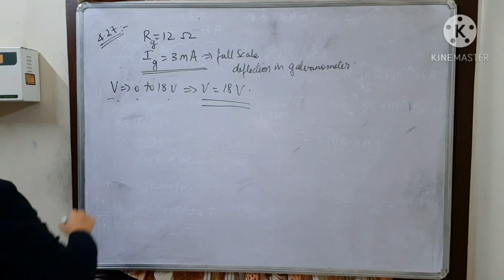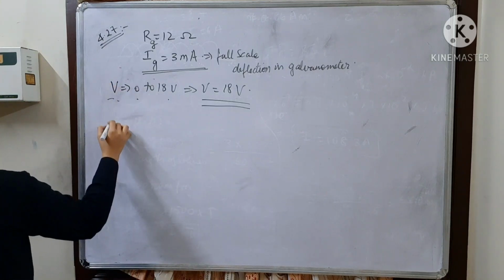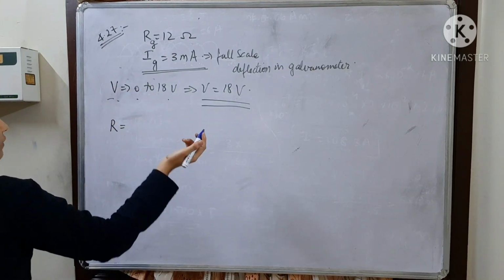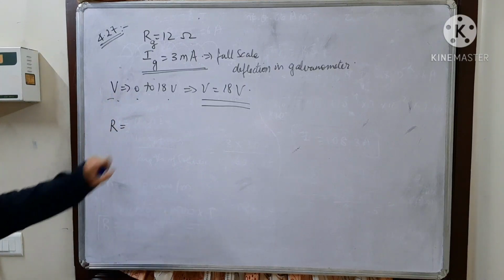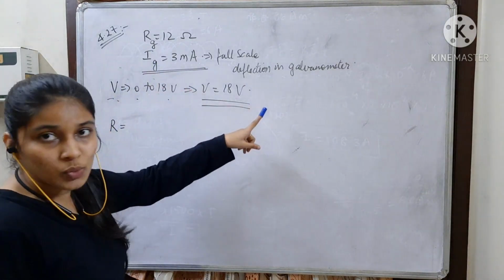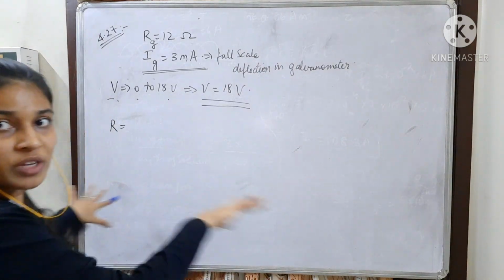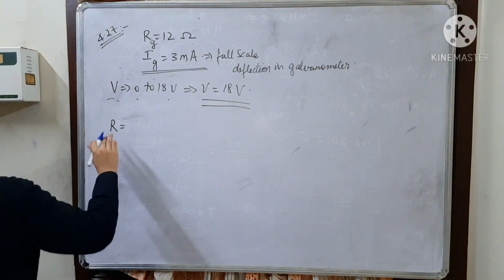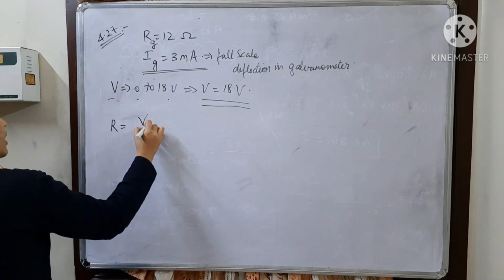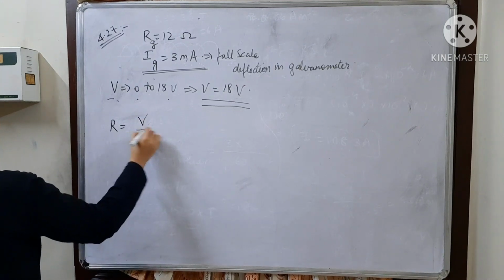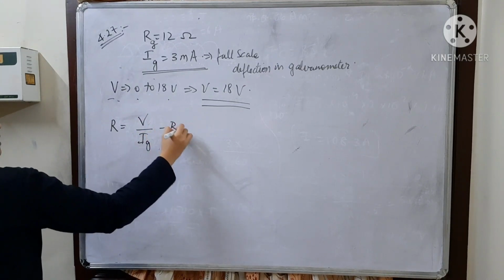So we have to find out the resistance that will convert this galvanometer into voltmeter, and this resistance should be connected in series with the galvanometer, and that entire setup will be connected in parallel in whichever required circuit. So R is equal to V divided by Ig minus Rg.